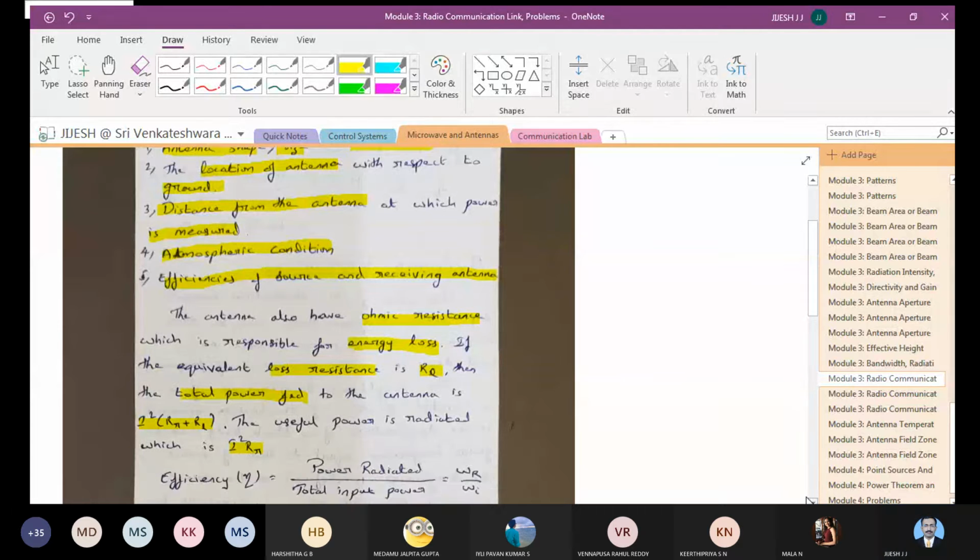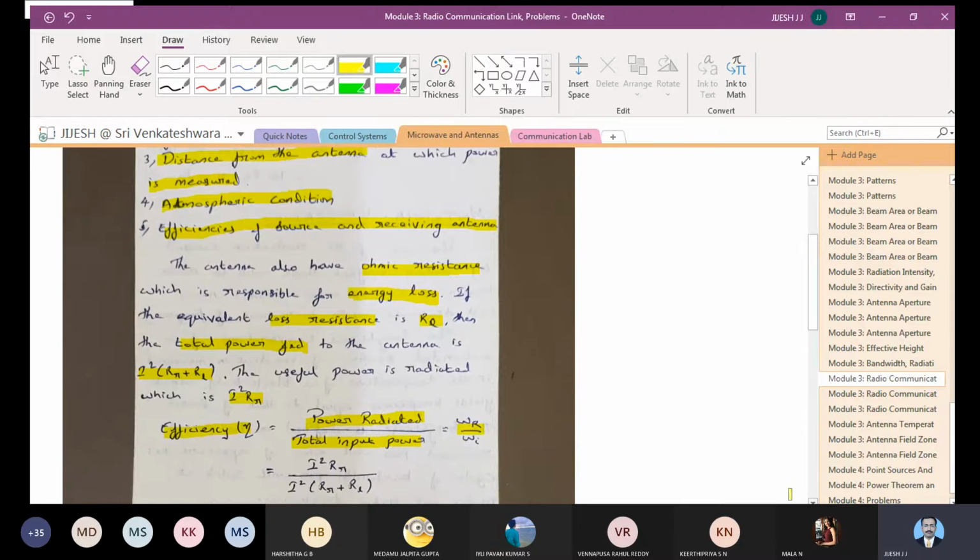So if you want to calculate the efficiency, efficiency is eta, and it can be written as power radiated to the total input power, or WR divided by WI.